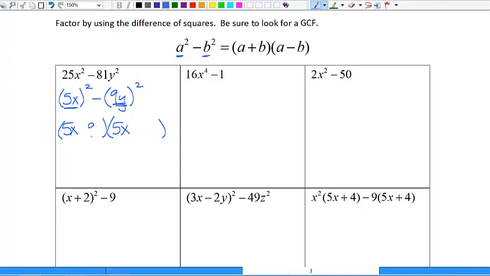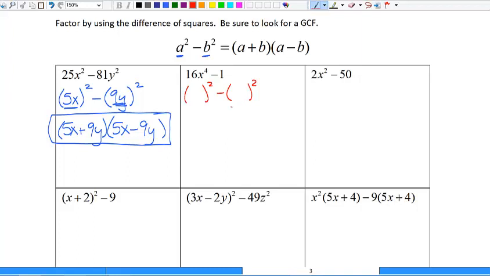The 9y goes in the backs of both my parentheses. And my signs are just one of each. This is probably the easiest of the three formulas to memorize. It's just a plus b and a minus b. Students often really do well with this formula. So on the next problem, do we have a GCF? Well, no, you can't ever have a GCF with 1.